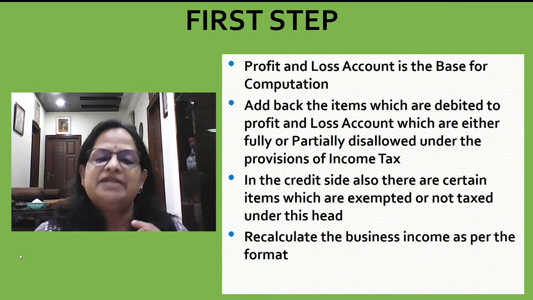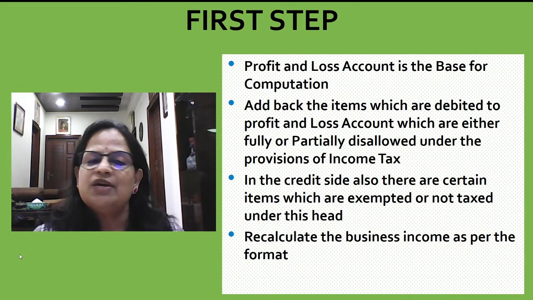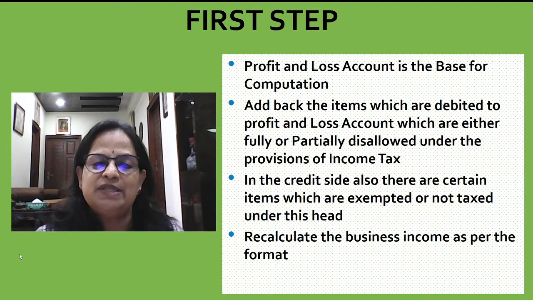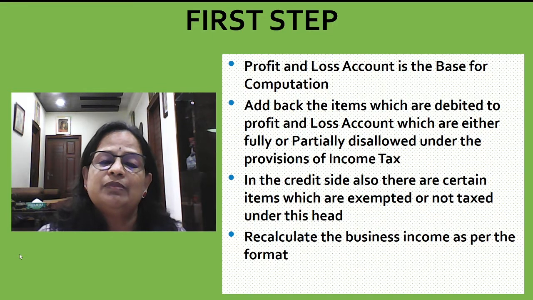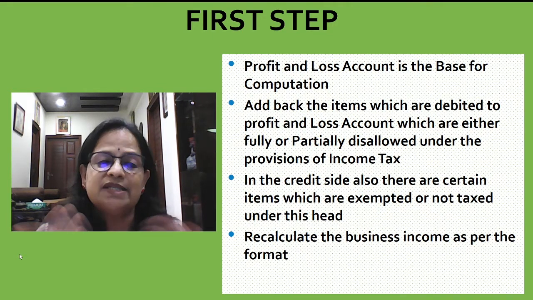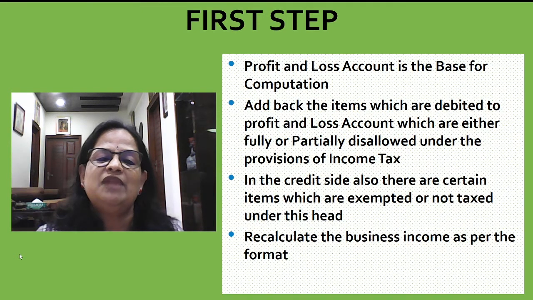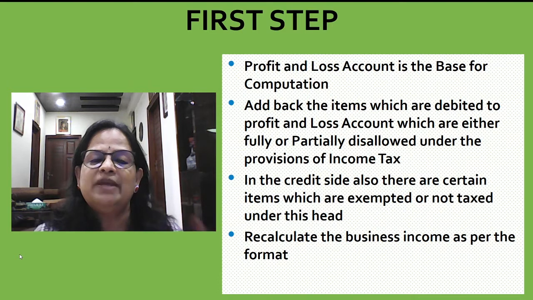Similarly, part-time salary given to the son who is working on a part-time basis in the shop, or interest on loan given by wife. These are all not allowed. Pilgrimage expenses, gifts and charities are not allowed, or helping a poor patient, donations of any kind, reserves. Reserve is an appropriation of profit. So all these items we will add back. When you see the format, it will be very clear. I have explained all the items.